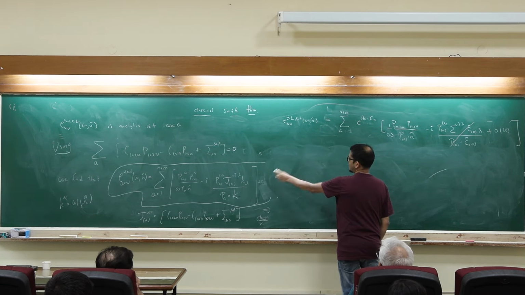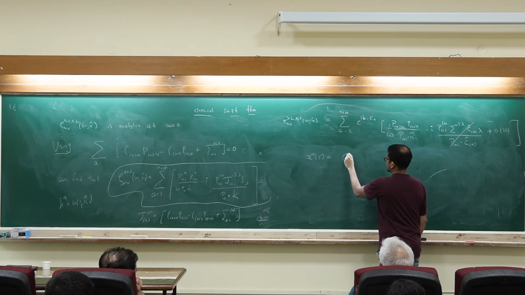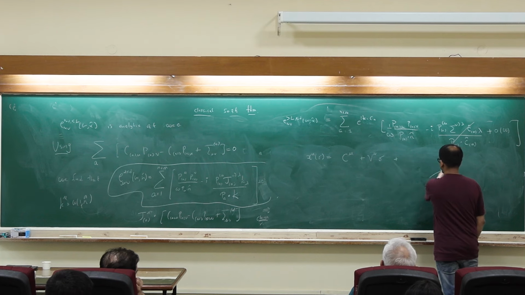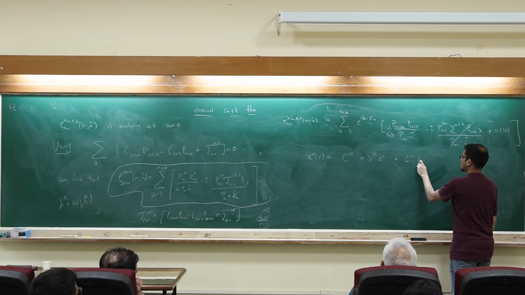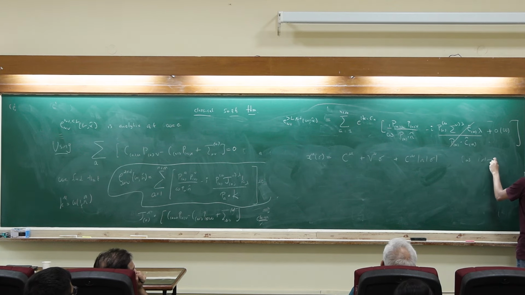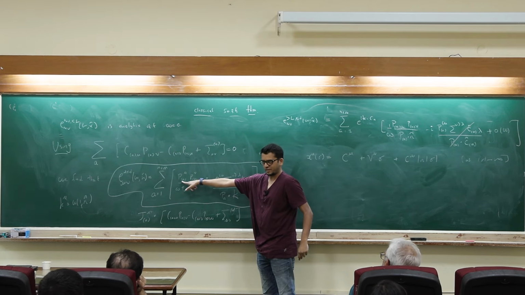The first thing that will happen is, as we discussed before, that x mu of sigma would no longer have a form, but it would have some log sigma term as sigma goes to infinity. And this implies that if I look at this term, there is no difference, because this is the asymptotic velocity or asymptotic momentum.